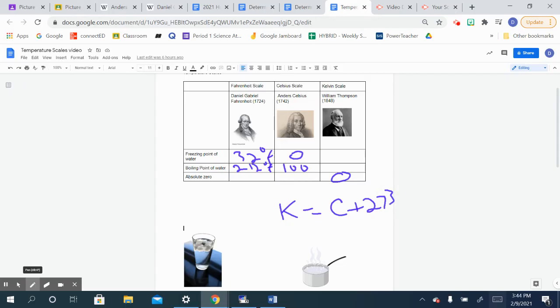And there's a lot of time and effort and experimentation and mathematics that went into this. But basically, that means that the boiling point of water in Celsius is 100 plus 273, or 373 Kelvin. They don't say degrees Kelvin, they just say Kelvin. And then the freezing point would be 0 plus 273, or 273 Kelvin.